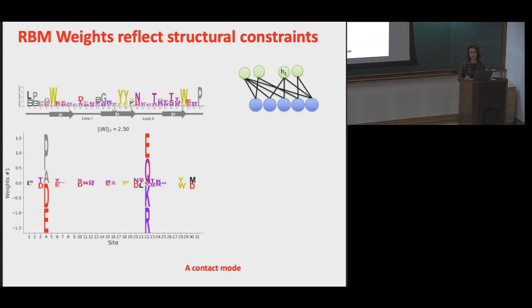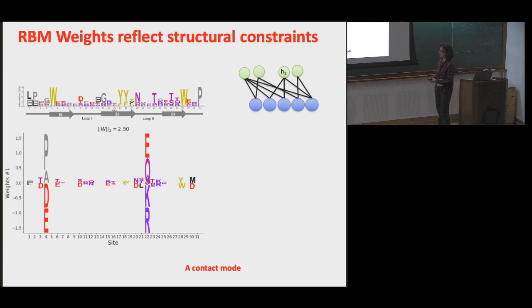There are a lot of weights which look like contacts. For example, this is one hidden unit, and this is the vector of weights connected to this hidden unit, weights number 1. We have adopted the same logo representation for the weights, in the sense that weights can be positive or negative, and the height of the letter corresponds to the entry of the weights for that amino acid.